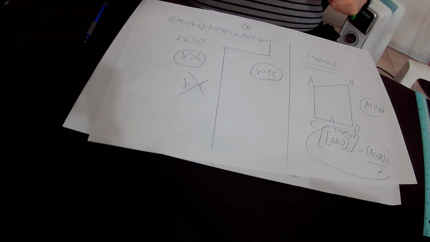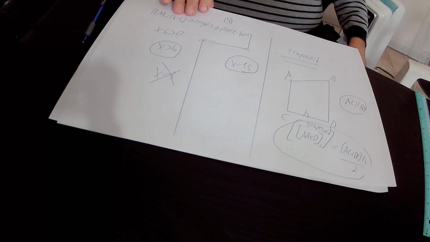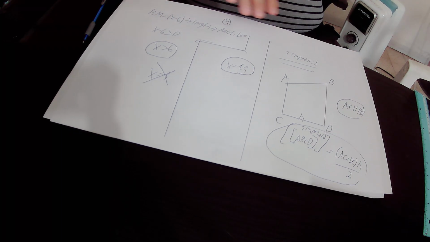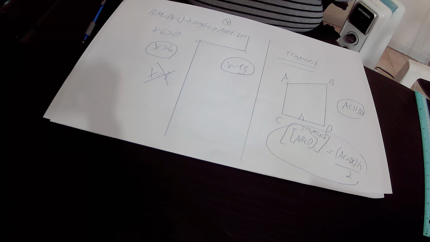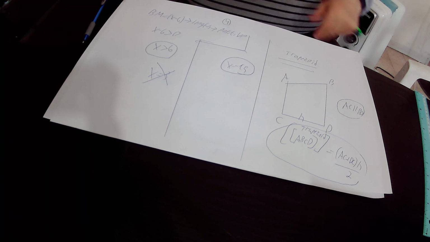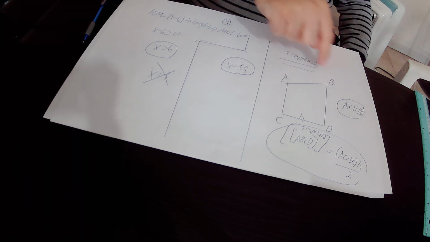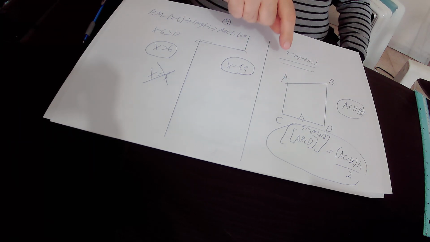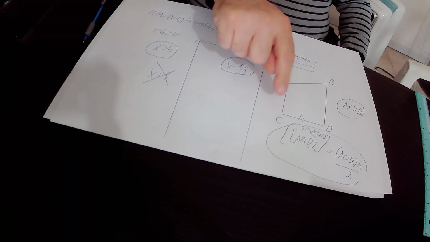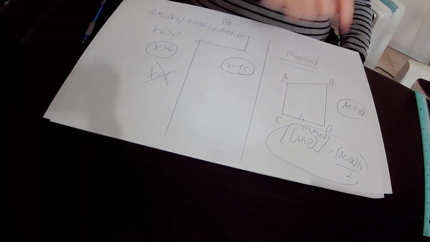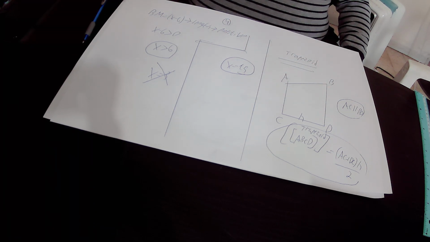Then I presented to you the formula for the area of a trapezoid. A trapezoid is a quadrilateral that has one pair of parallel sides. Here we have quadrilateral ABCD. In this quadrilateral, side AC is parallel to side BD. So what is the area of this trapezoid ABCD?